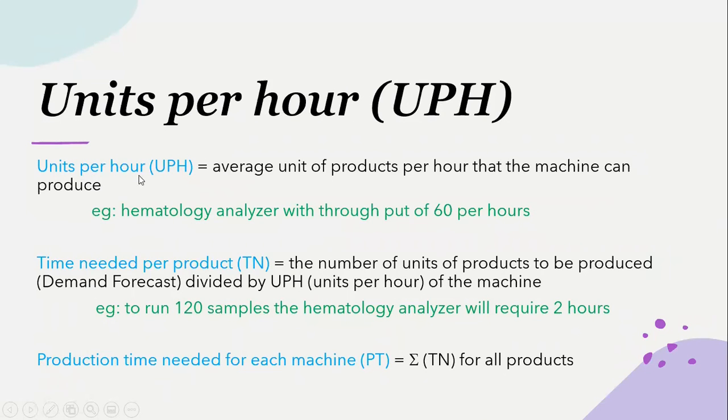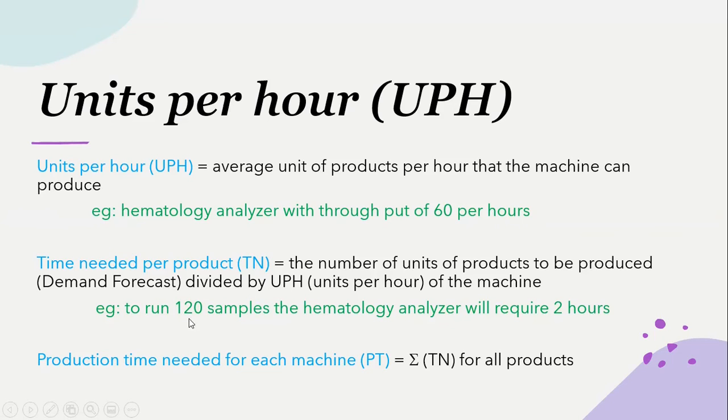Then units per hour produced is the average number of products per hour that the machine can produce. For example, a hematology analyzer with a throughput of 60 samples per hour. So this is the units per hour, or UPH. Then time needed per product is the number of units of products to be produced, that is the demand forecast, divided by units per hour of the machine.